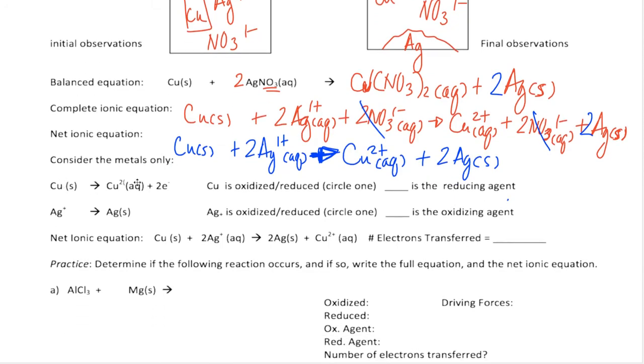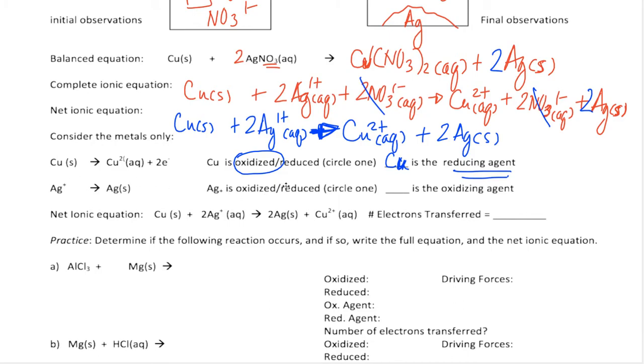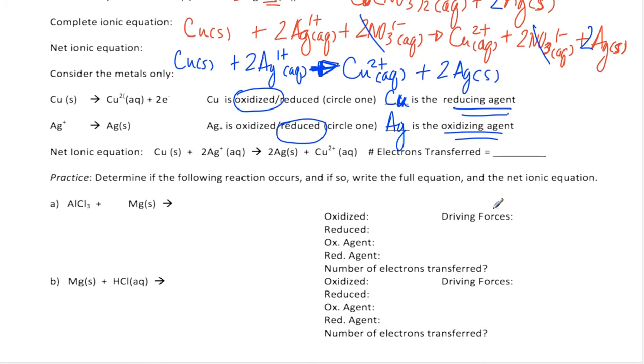And now the Cu turning into the Cu2 plus, that's oxidized because it is losing electrons, and Cu is the reducing agent. But again, we're not going to do that in this class. Ag plus is reduced. All right, so Ag plus is the oxidizing agent, but again, we're not going to do that in this class or even in AP.